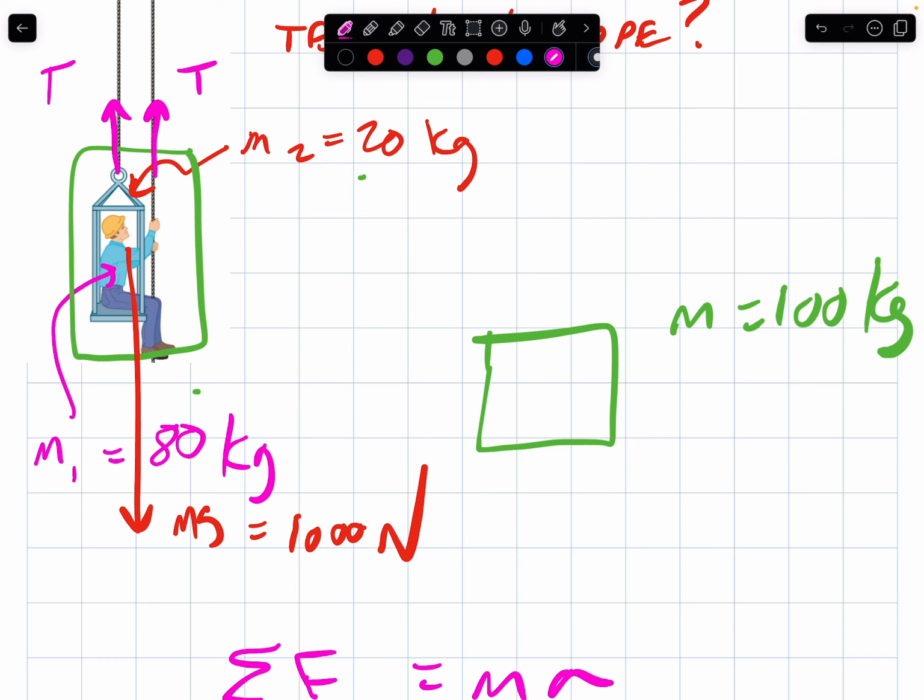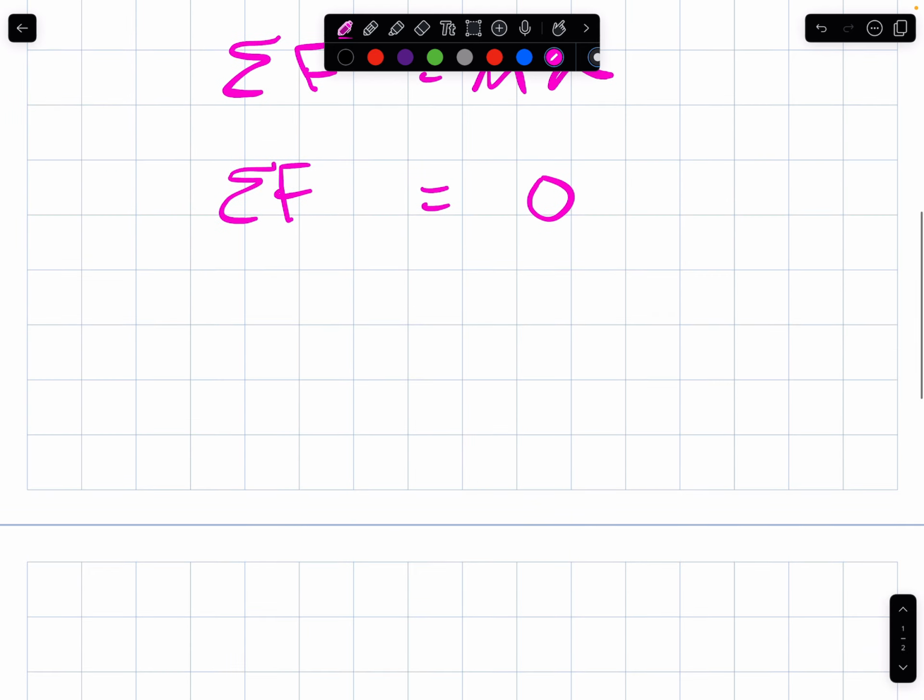The way we've been working them, I know you're thinking it's going to be T minus mg, but look carefully at the picture. There are two T's, right? So it's T plus T minus mg is 0, or 2T minus 1,000 is 0.